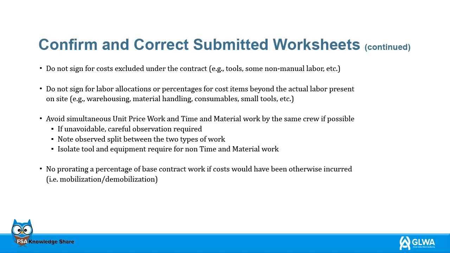If it is not avoidable, then careful observation must be required. Make a note of the split between the two types of work. Isolate and note the tools and equipment required for non-time and materials work. No prorating a percentage of base contract work if costs would have been otherwise incurred. For example, mobilization, demobilization.